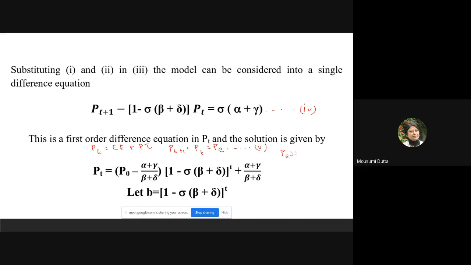Prithviraj, what is the value of P? Ma'am, I've got it: alpha plus gamma by beta plus delta.